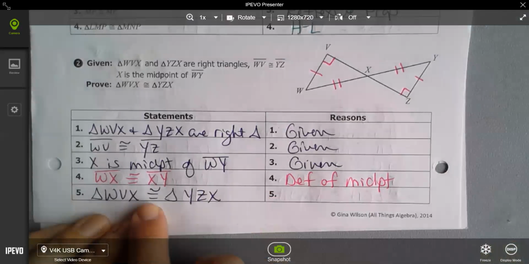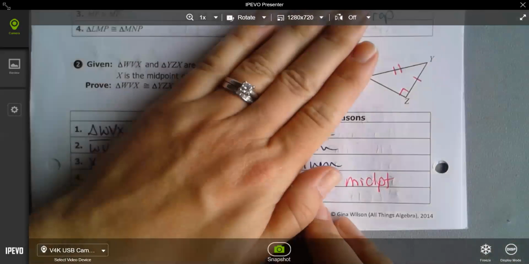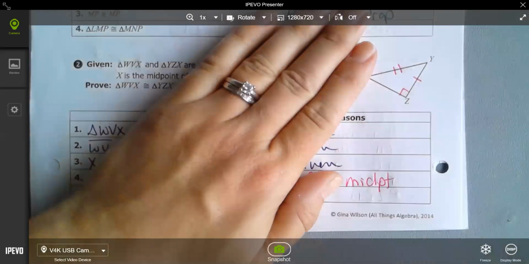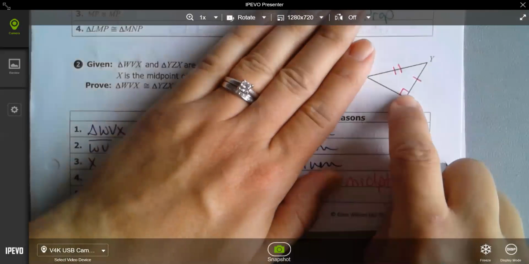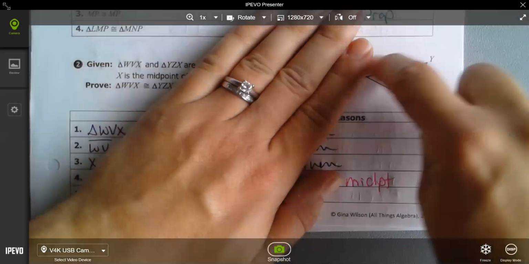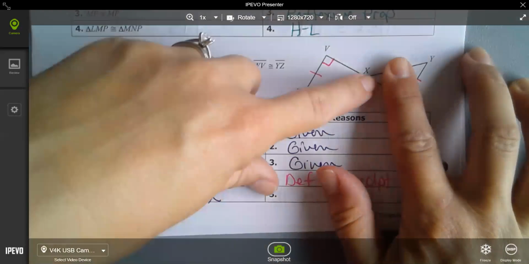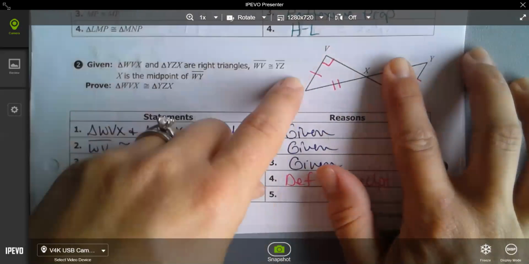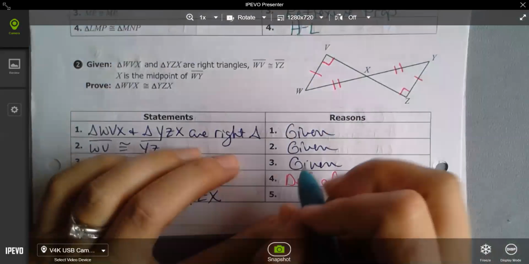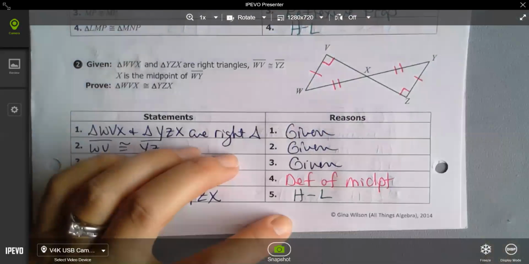All right, so what do we got? I've got ASS, that's no good, but it's a right triangle. So I have a hypotenuse and a leg. Over here, hypotenuse and leg. So I can say hypotenuse, leg.